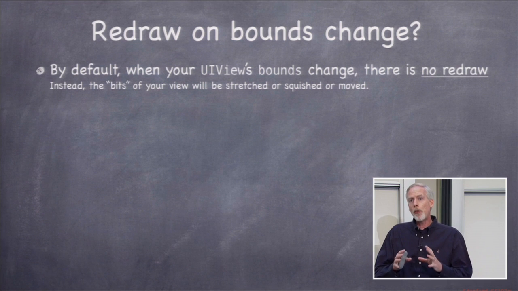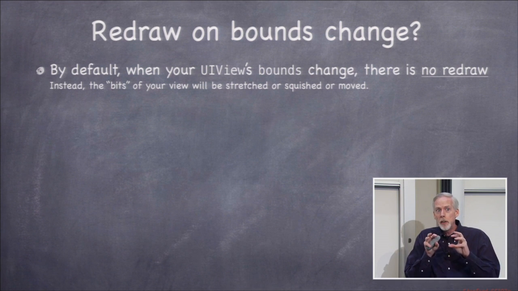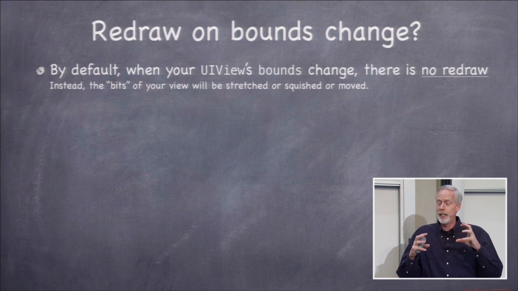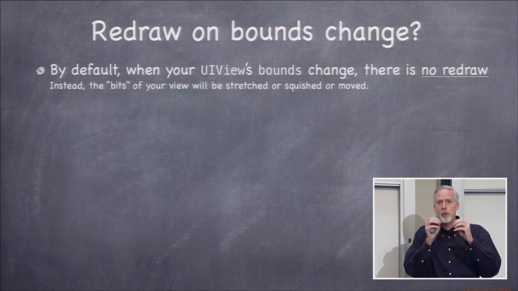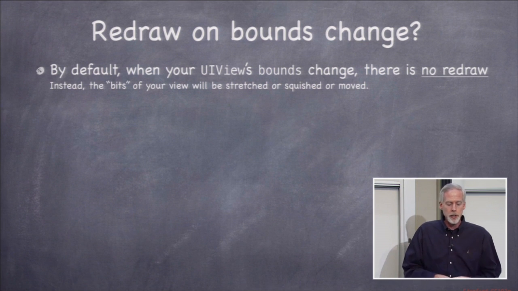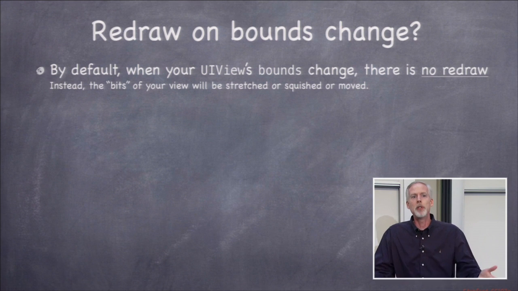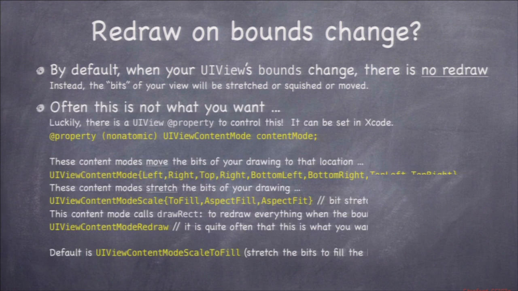Well, by default, the bits of your view that were last drawn will get stretched, which really is almost never what you want. I mean, most content wants to be drawn to get high resolution and have it look nice. So the default is that because it's way higher performance than asking you to draw again. But there's a property in UIView you really want to know called content mode, and it says what happens when your bounds change.